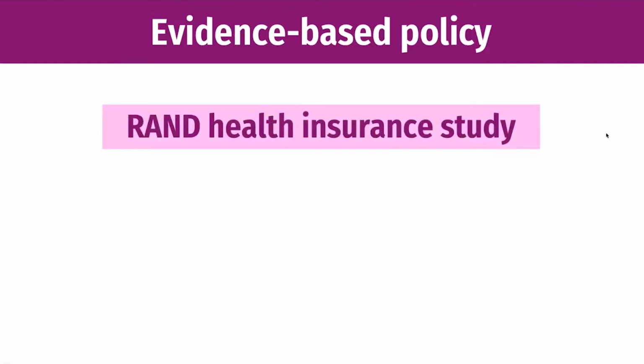They discovered that if you have private insurance, there's less use of healthcare, and people don't go to the doctor as often. And so policymakers back then said, "That's awesome, let's do it." That's why we have it, which has not been great for access to healthcare. But it was based on a randomized control trial that happened years and years ago.